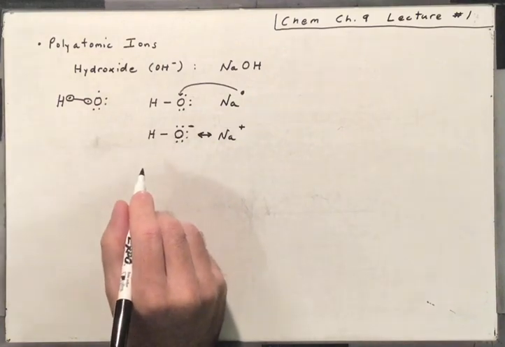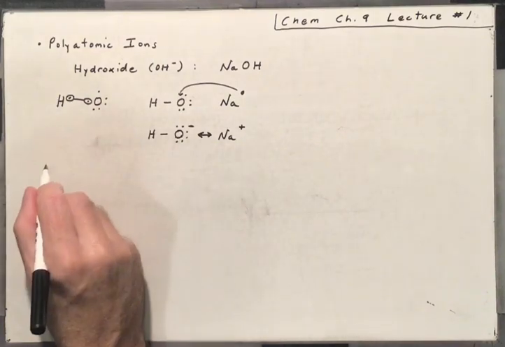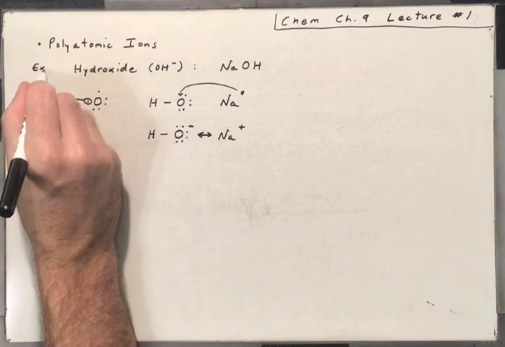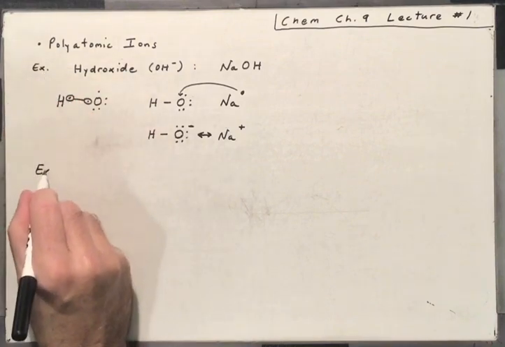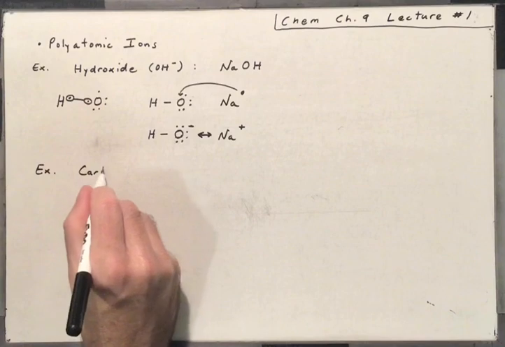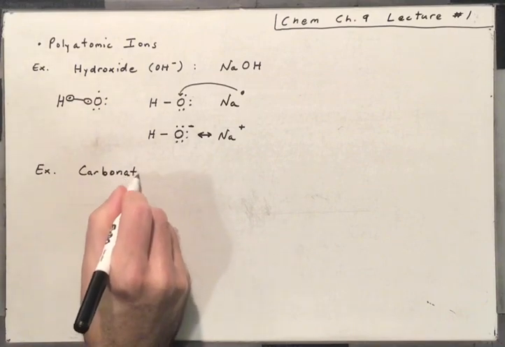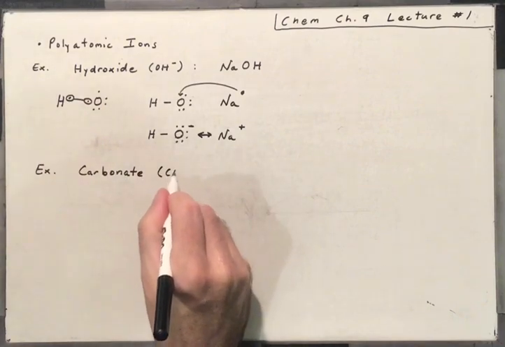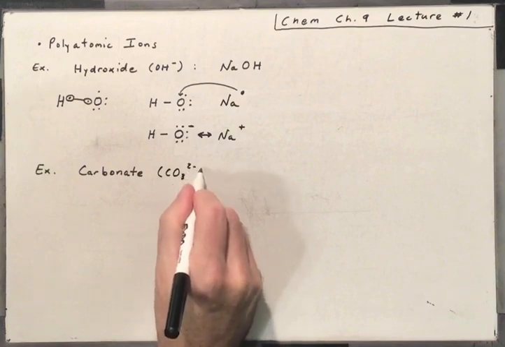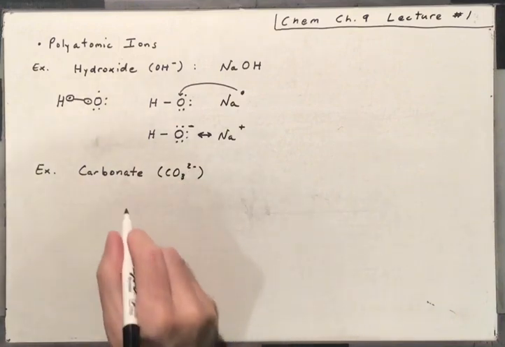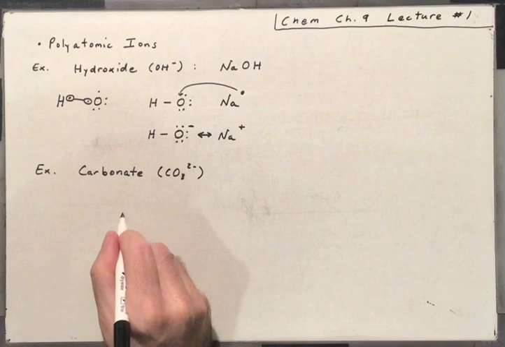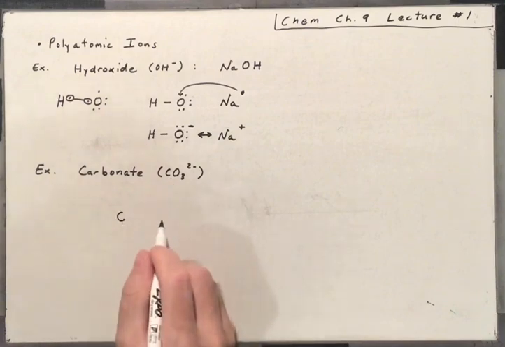All right, let's look at another one. Our other example is carbonate. It has a symbol of CO3 2 minus. So carbon would be in the center, right? It has 4 valence electrons.